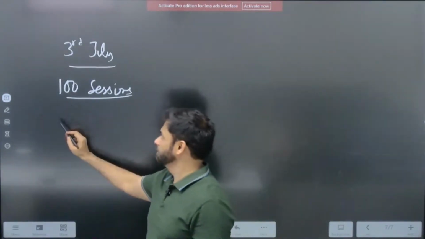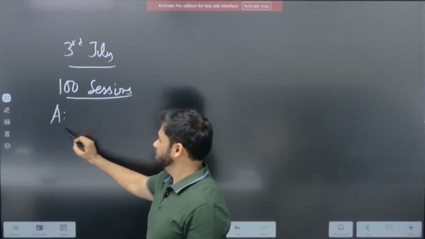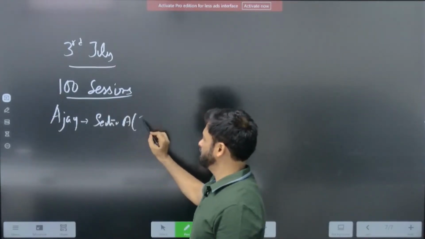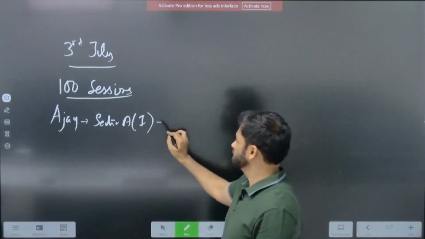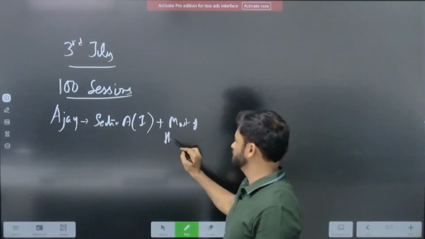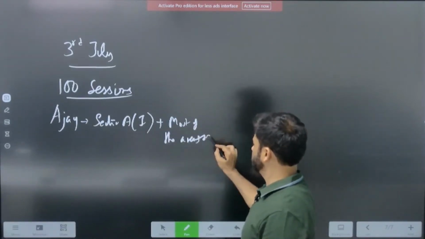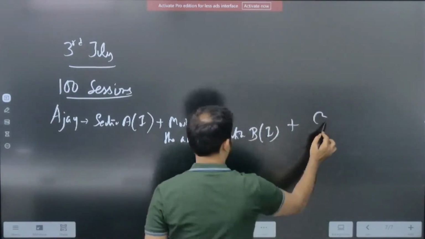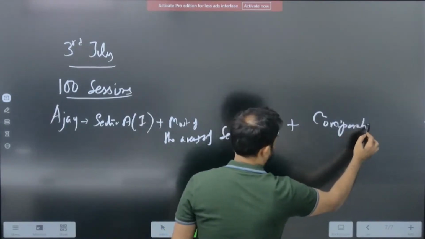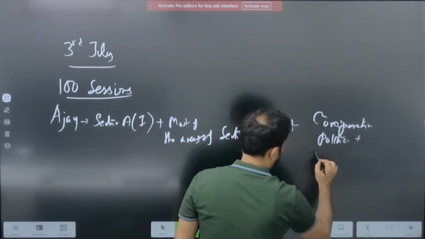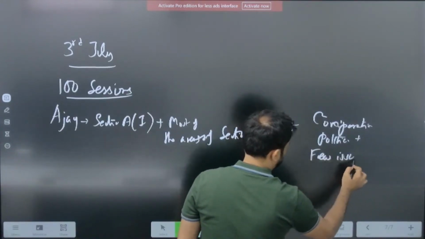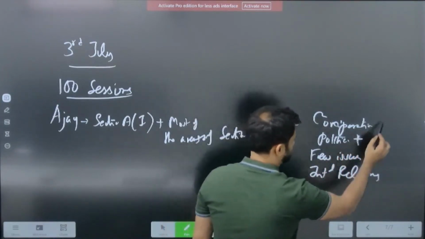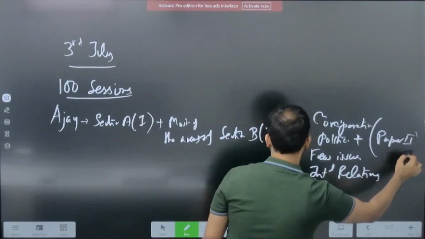I will be taking your section A of paper 1, plus most of the areas of section B of paper 1, plus I will also take comparative politics, plus a few issues in international relations, especially those related to economics. This is in paper 2, okay.